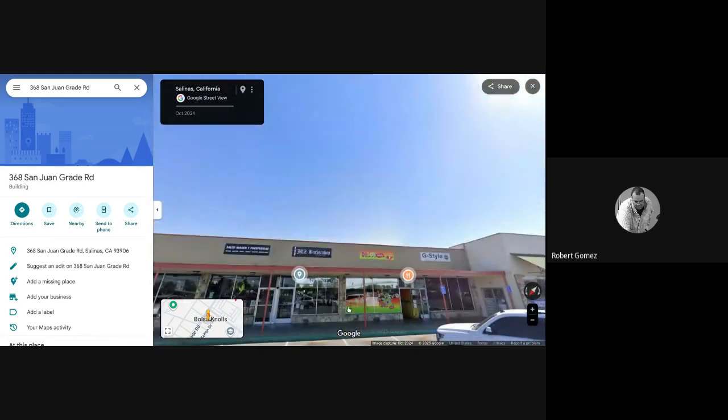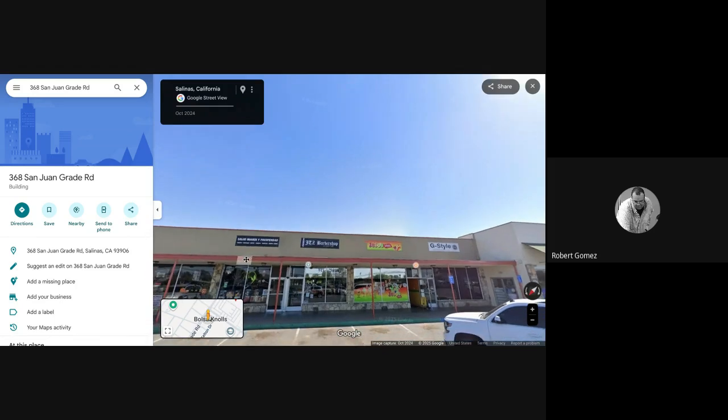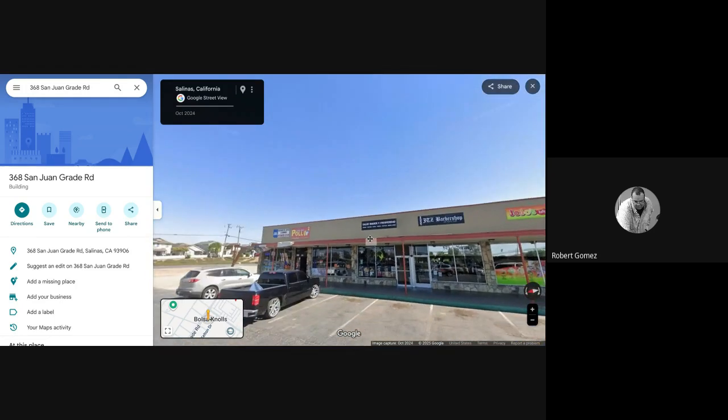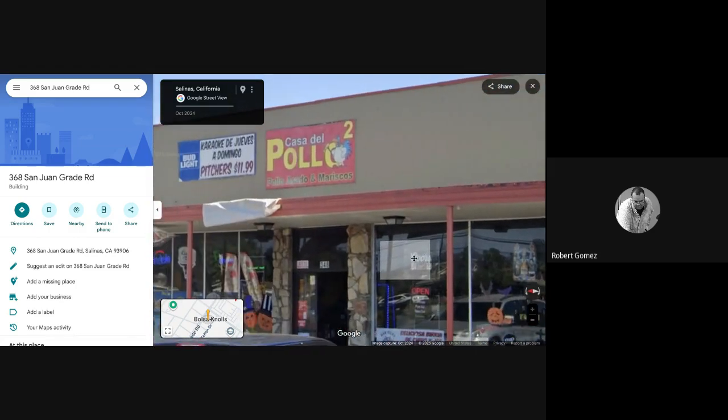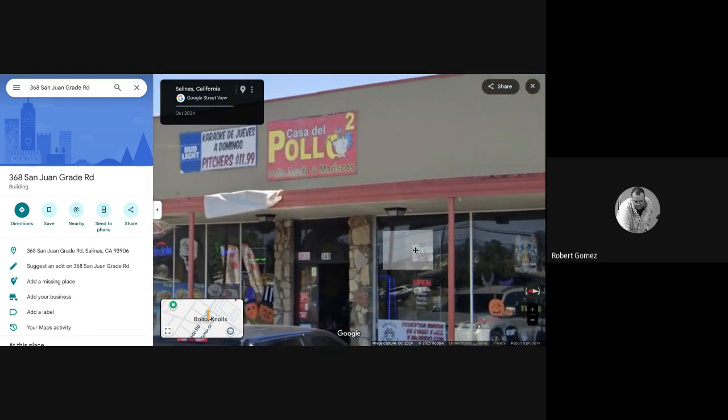A couple of restaurants and then a barber shop. Oh, there's the other Casa de Pollo. This is Casa de Pollo 2, the sequel, The Revenge of the Pollo. Yeah, so this is the other location.